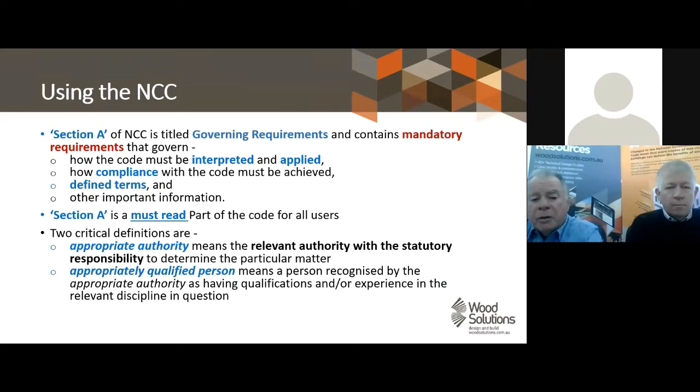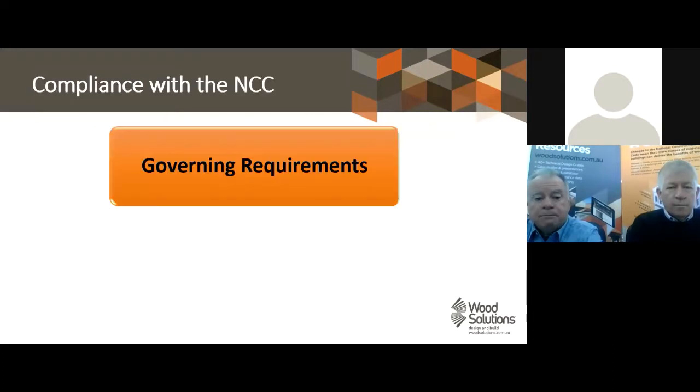And appropriate authorities can rely on appropriately qualified persons, and that's a person recognised by the appropriate authority as having qualifications and/or experience in the relevant discipline in question. So between those two, that's how we determine what complies with the NCC.